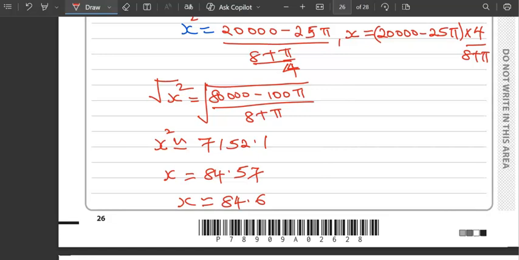So that marks the end of part C, because we've determined the value of x.